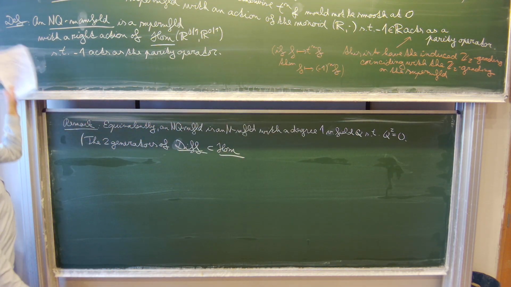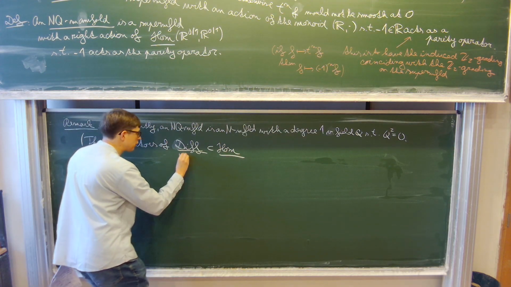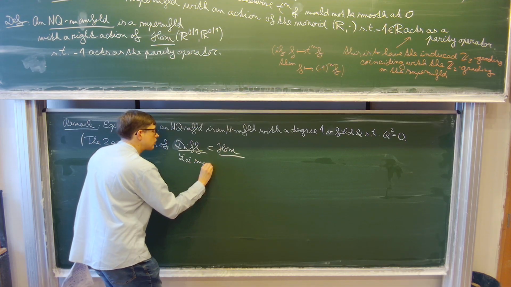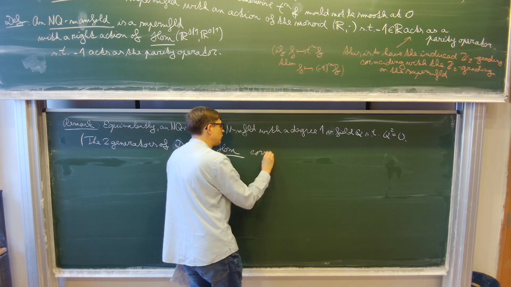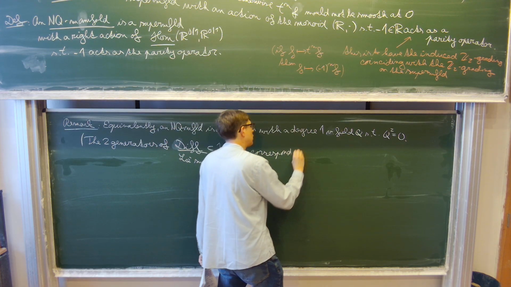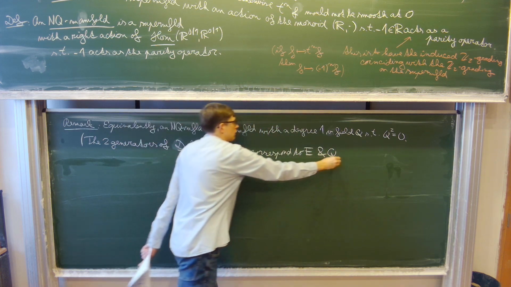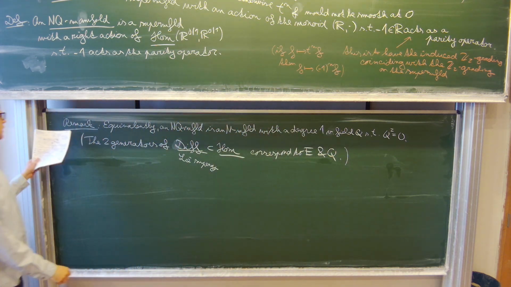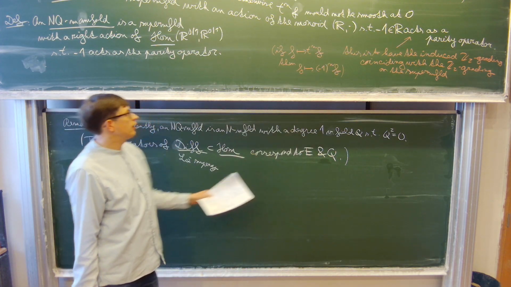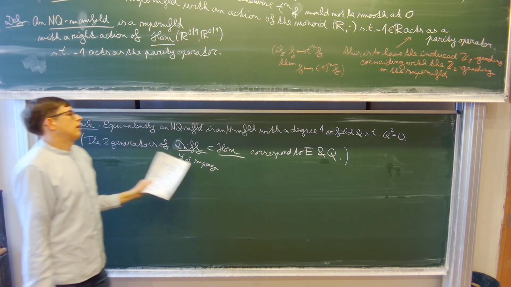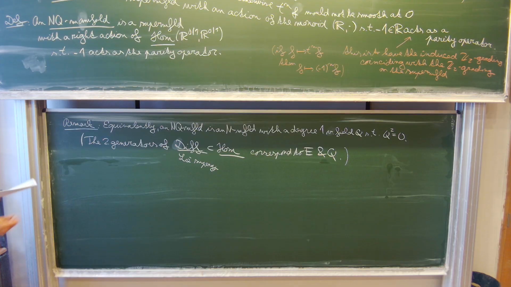So our definition of NQ manifold is that it has an action of this underlined home, but inside there is diff, which is a Lie supergroup. The two generators of this correspond precisely to the Euler vector field and Q. So in this remark, I can split the definition. I define the Euler vector field, I define the grading using this trick, and then I add Q by hand. If you don't like internal homes, you can phrase it like this.